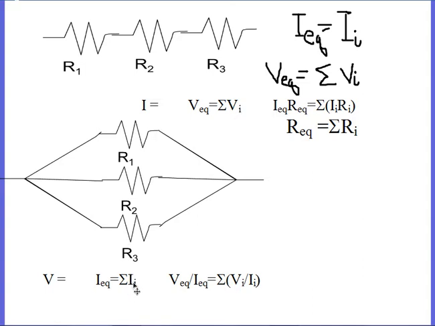Again, uppercase I for current, lowercase i for which one, and then I replace I equivalent by V equivalent divided by R equivalent, and this is equal to Vi divided by Ri, and so we end up with the reciprocal of the equivalent resistance equal to the sum of the reciprocals of the individual resistances for parallel resistors.